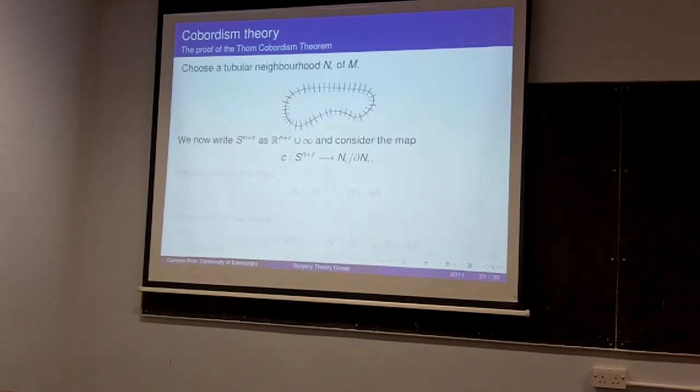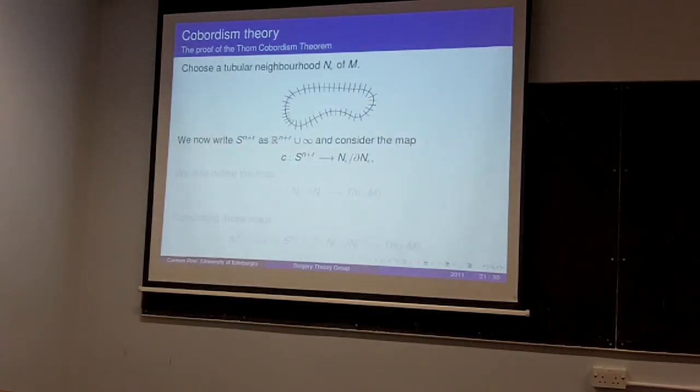Okay. So what we first do is choose a tubular neighborhood of M. Just think of it as a sort of framing. Then we write R^(n+k) union infinity, so we also consider the point at infinity, and we write this as the (n+k)-dimensional sphere. And consider this map.